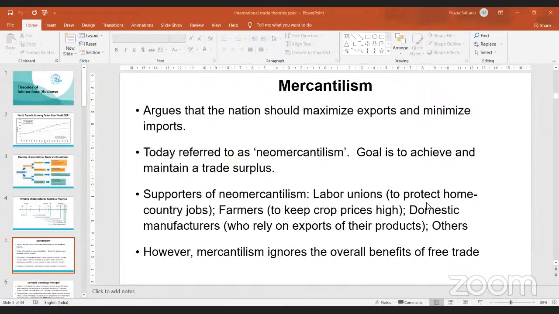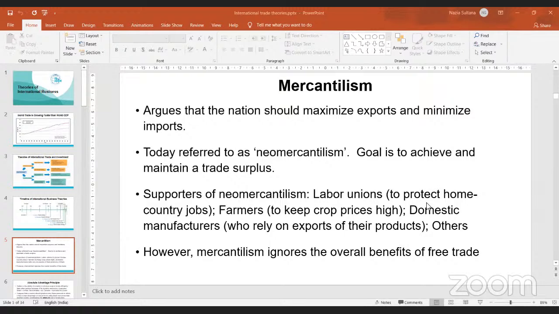So mercantilism usually revolves around the objective of seeing to it that a country's exports are maximized and imports are minimized. Thereby, the country is able to make a trade surplus by maximizing export and minimizing import.